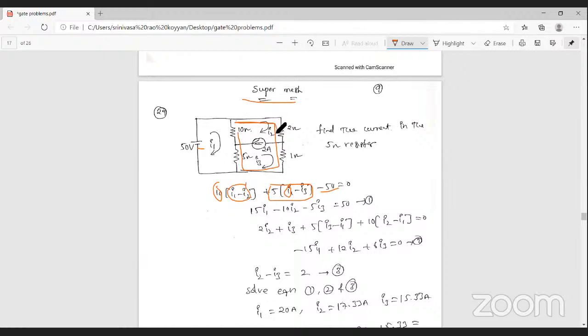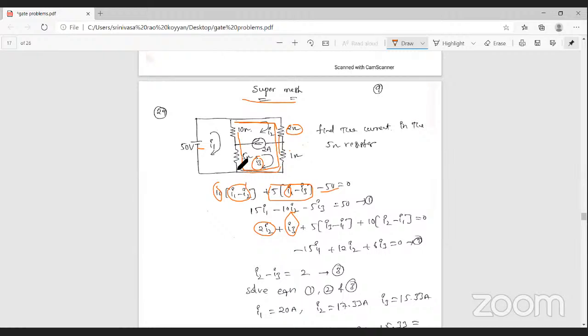So the current is passing through this 2 ohm resistance, that is 2 into I2. Again the current is entering into the 1 ohm resistance. So what is the current here? I3 current, that's why I1 into I3.